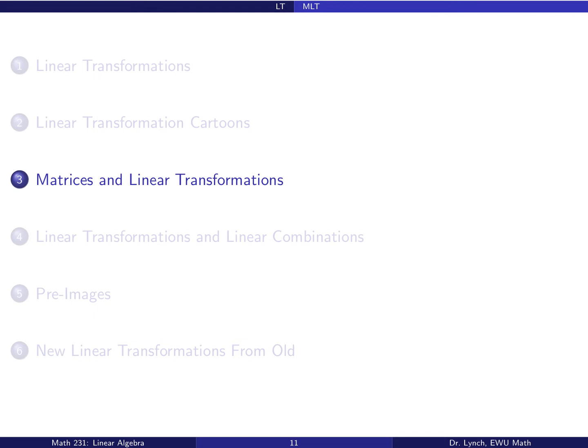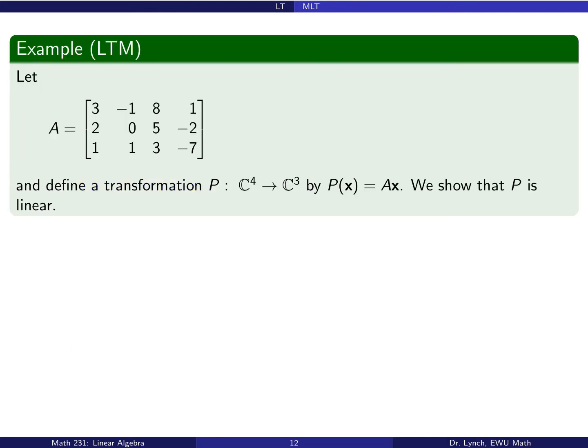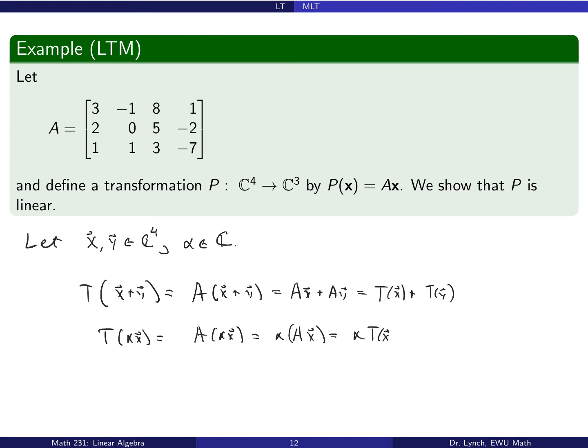Let's talk about matrices and linear transformations. Here's an example. Let's take the matrix A to be the transformation from C4 to C3 given by T of x equals Ax. It turns out to be pretty quick to show that T is linear in this case. When x and y are elements of the domain C4 and alpha is a scalar, we know that the image of the sum x plus y is the matrix A times x plus y.